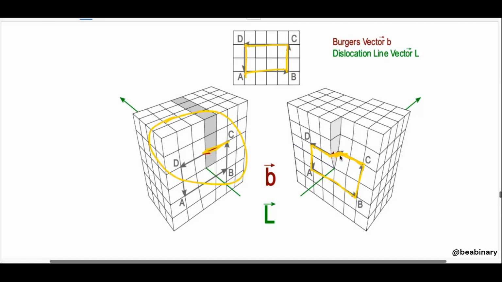You can see this red vector is your Burgers vector. Why? If everything were perfect, this line must be followed here, right? But here you can see this line comes up to here, and then there is a misalignment. That's why we have to move up here, and then we follow the same way.